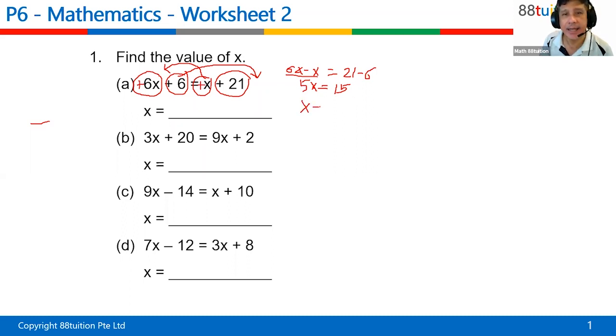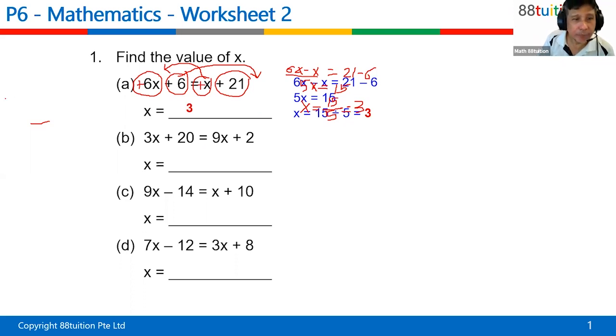I take 15 and divide by 5. When I divide by 5, I will get 3. Tommy, I think you don't have problems with this. Carl, you okay? And Jaden, okay? Okay, so that's how it is done.